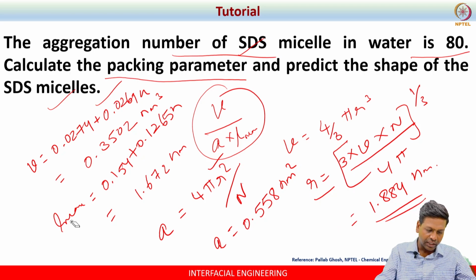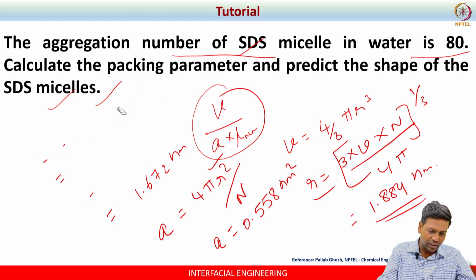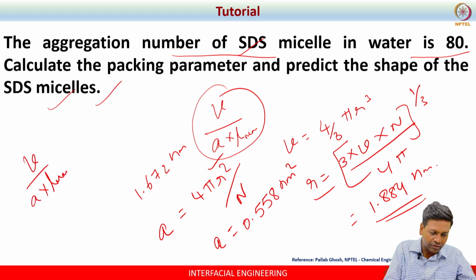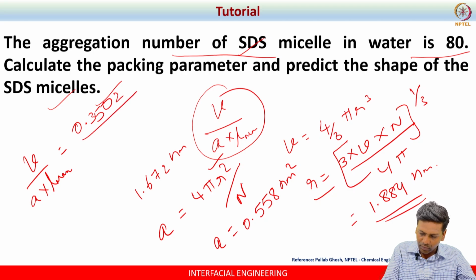So we know this data. By knowing this data, what we can calculate is V by A into L max, which is nothing but we already calculated V is 0.3502 divided by A is 0.558 into L max we calculated, that is 1.672.